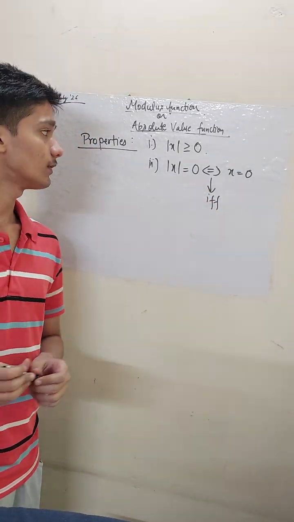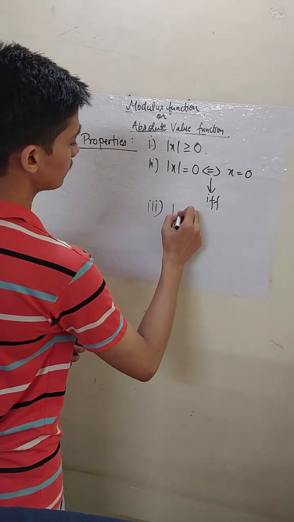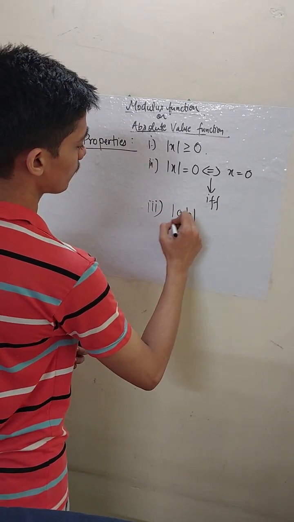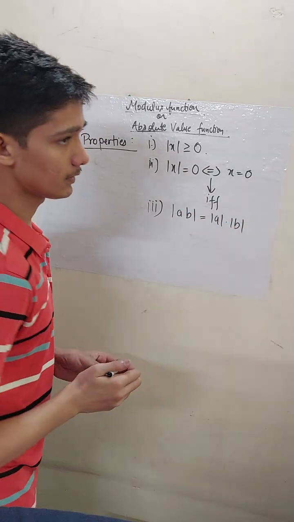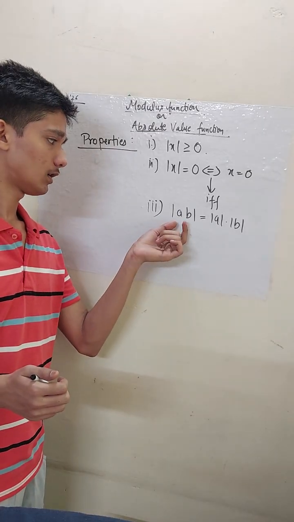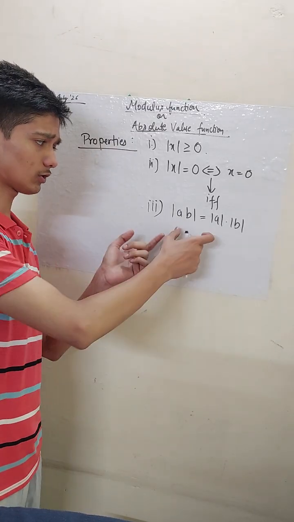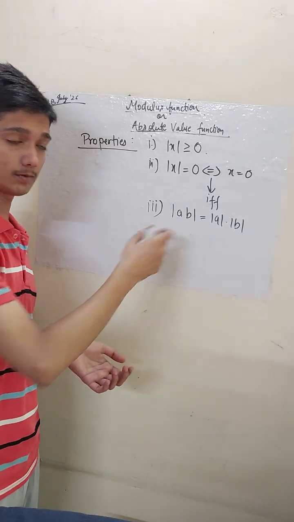Now moving to the third property, which says that mod of AB is equal to mod of A into mod of B. So this is just the distribution of the modulus function over the multiplication of numbers.